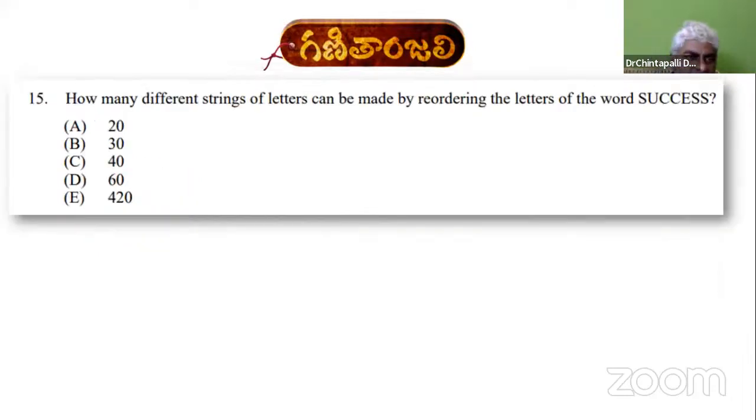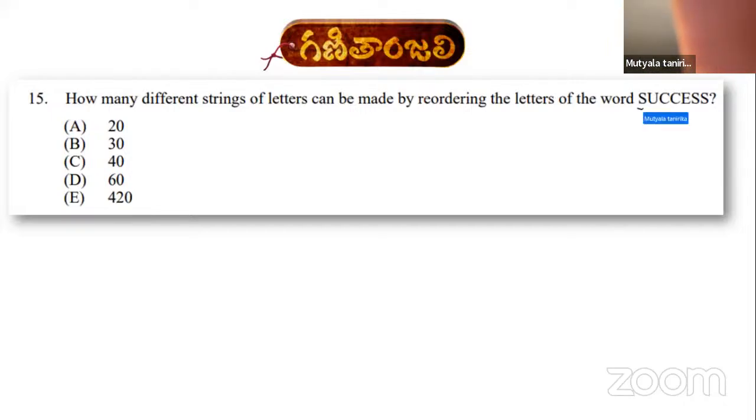Now answer this question. How many different strings of letters can be made by reordering the letters S, U, C, C, E, S, S? You can do it on the screen.